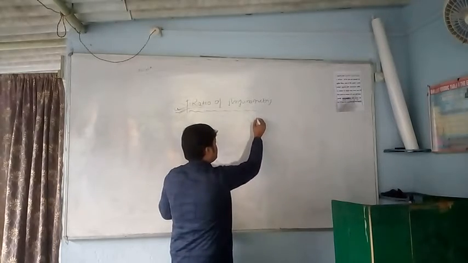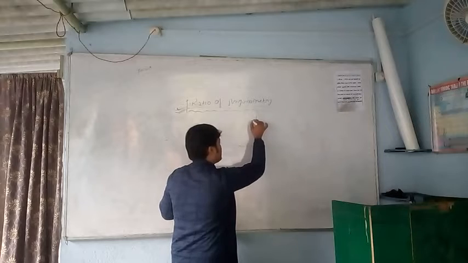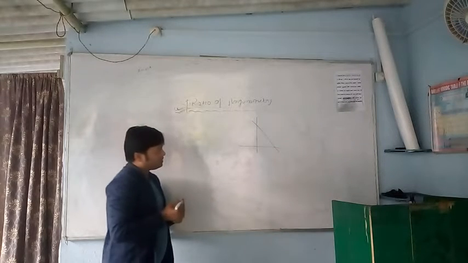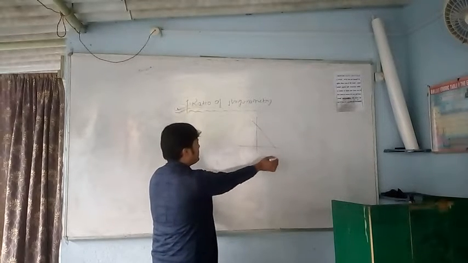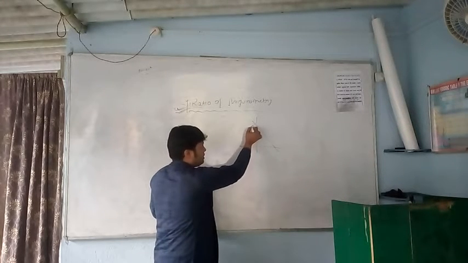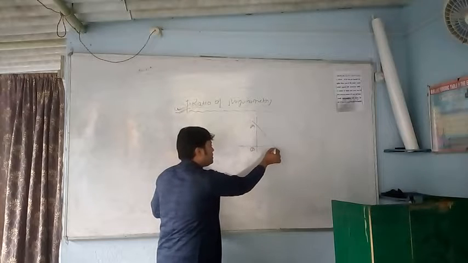We are going to draw a right angle triangle. Notice carefully, we are going to draw right angle triangle ABC.